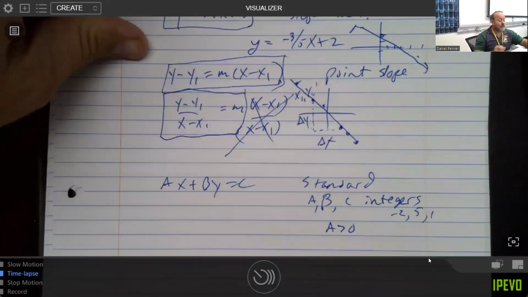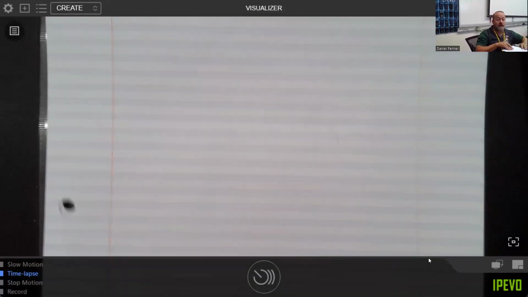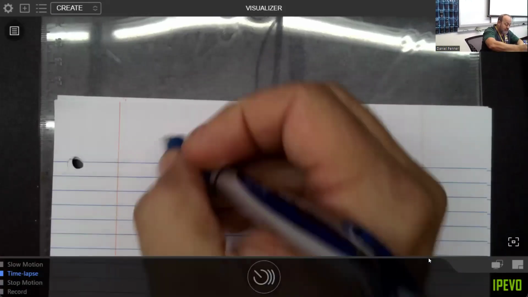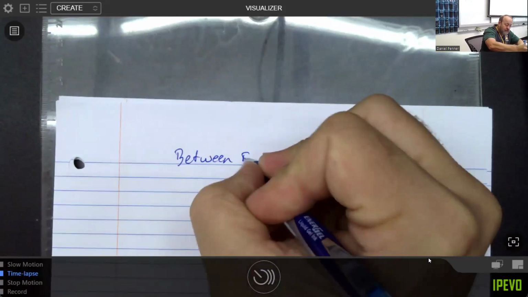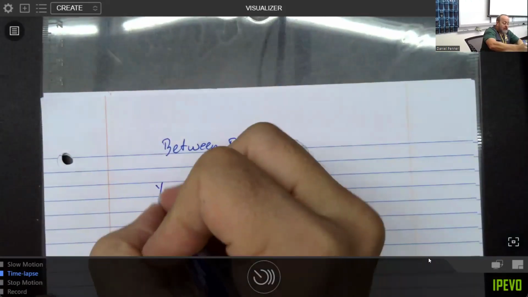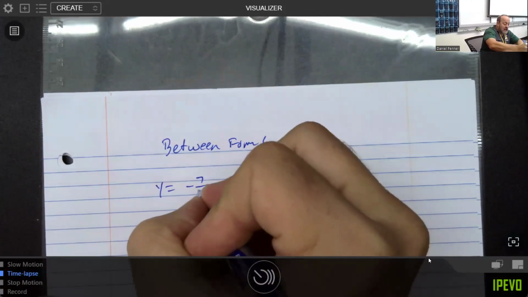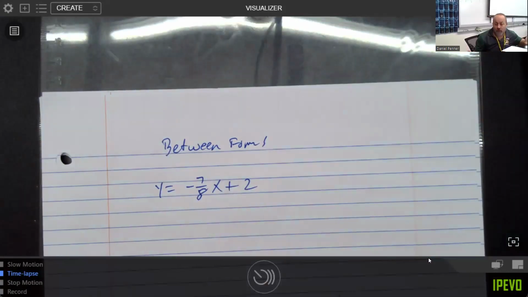So without doing a whole lot with this, I wanted to first talk about how you go between forms. Very frequently, you'll have a problem like this, y equals -7/8 x plus 2. That's in slope-intercept form. It's the one you're comfortable with.